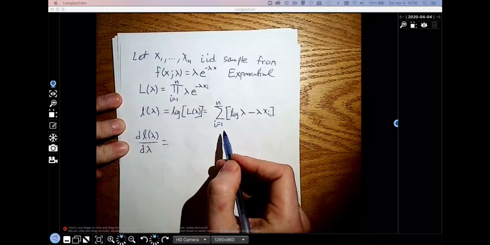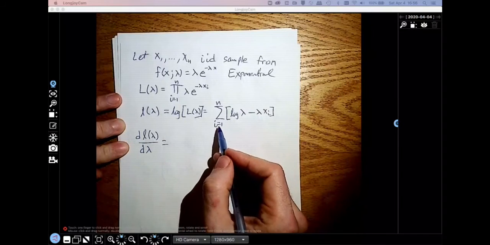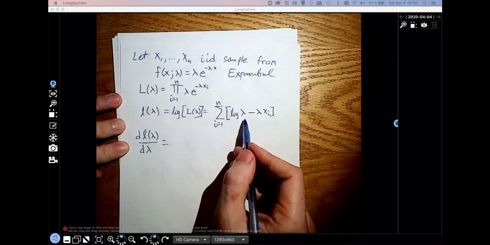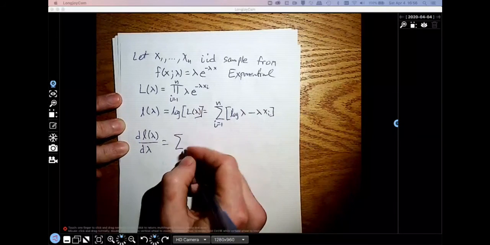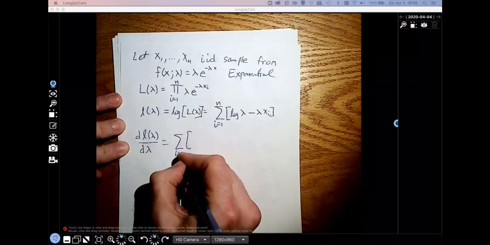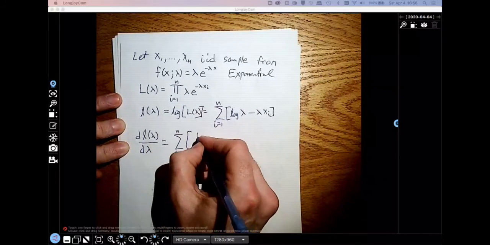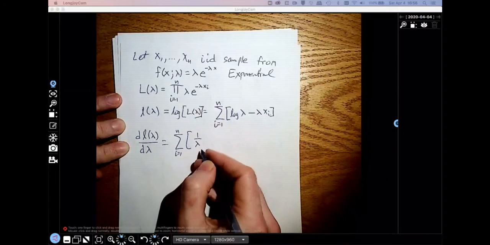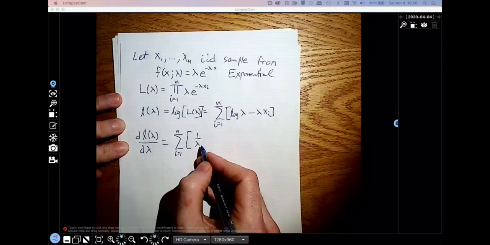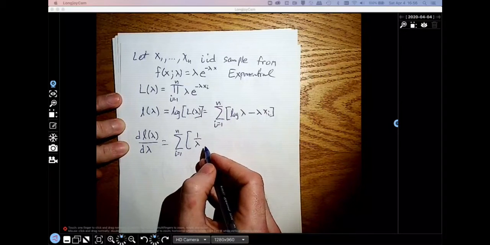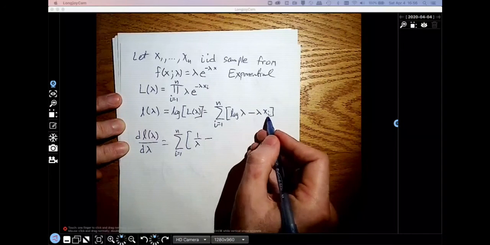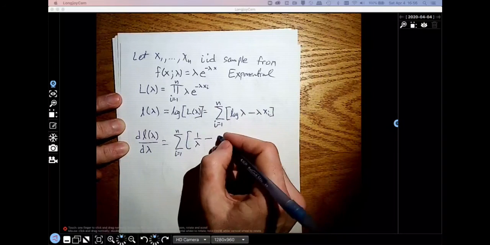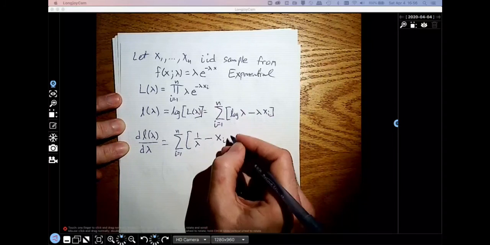So what is the derivative of the log of lambda? Well, this is all inside my sum, i equals 1 to n, of 1 over lambda times the derivative of lambda, which is 1. And then what's the derivative of negative lambda xi? Well, this is just minus xi.